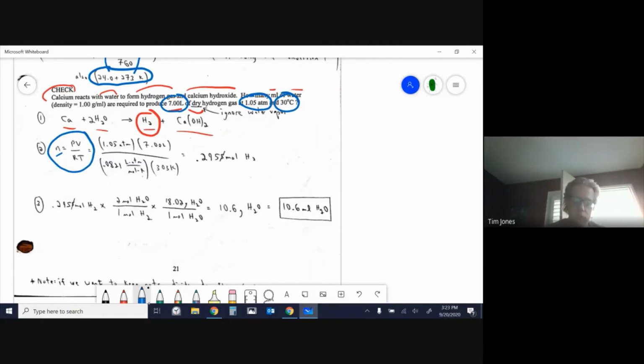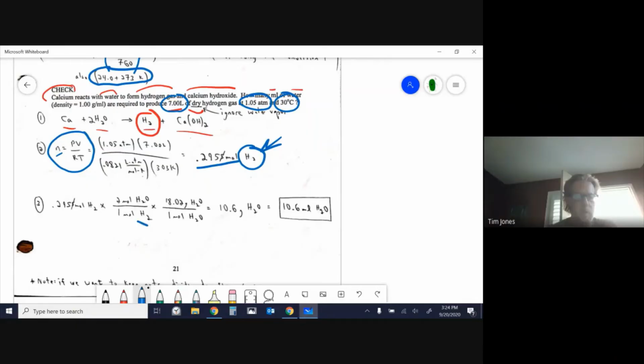So be careful when you get your moles right here. Don't think, oh, that's the moles of calcium or the moles of some other chemical. That's the moles of hydrogen. And so it's important first that you realize that, and second that you label it here just so you don't get lost.